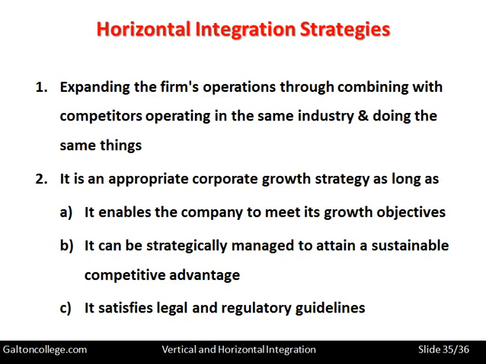So the products may not be in direct competition, but they're using similar technologies in production so they can collaborate. So companies are coming together horizontally. They're at the same level, if you like, the same distance from the customer.